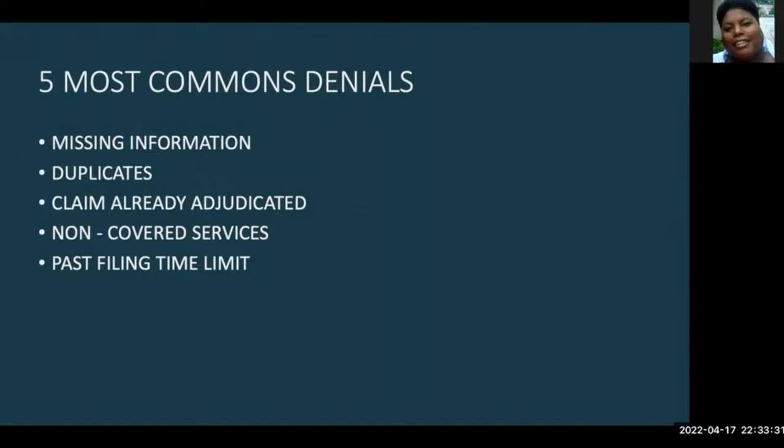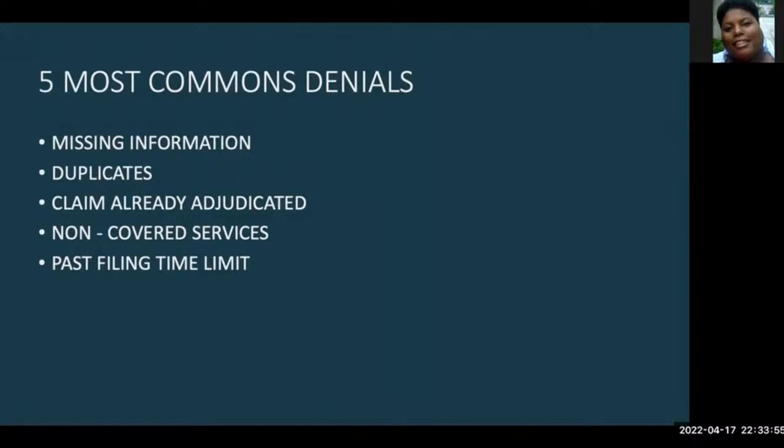Could be missing an address, group number, things like that. And those are most common missing information denials, excuse me. Sometimes missing information could be medical notes.